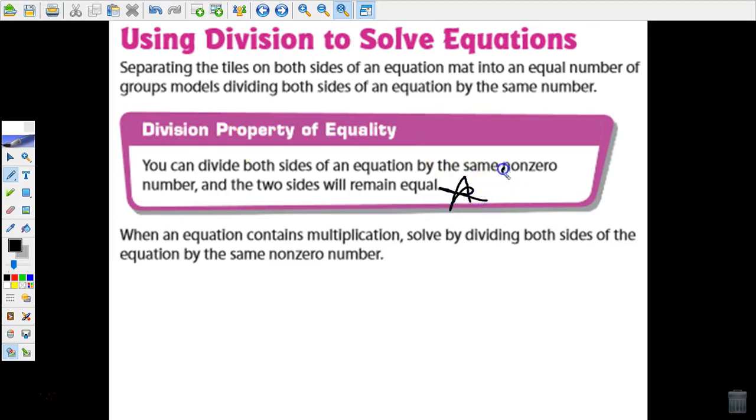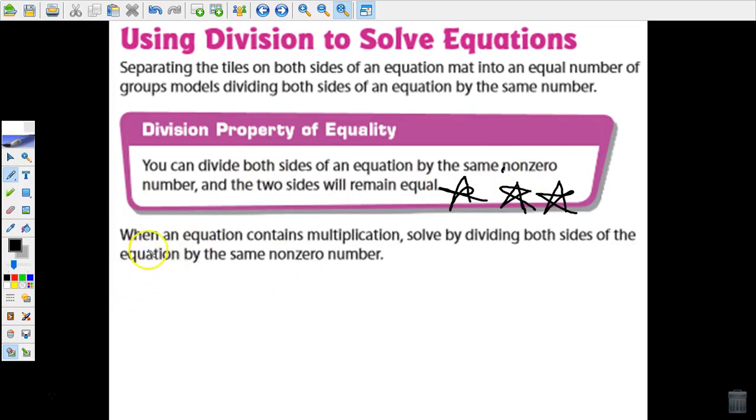Let's start this. This is very important. You can divide both sides of an equation by the same non-zero number and the two sides will remain equal. So listen, class, we cannot divide by 0. It doesn't work, okay? So it has to be a non-zero number, and that will make both sides stay equal.